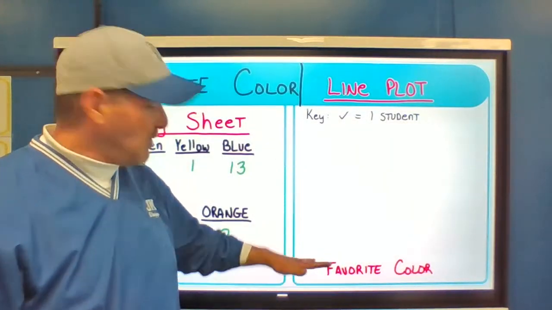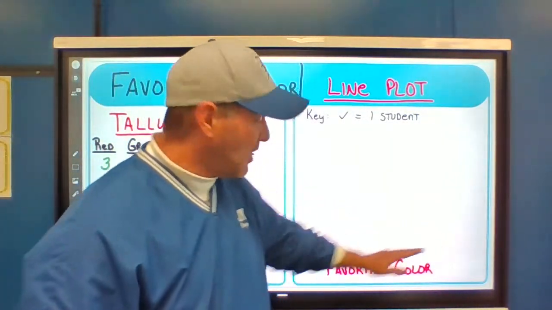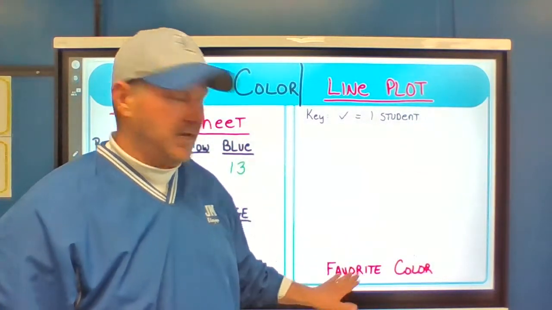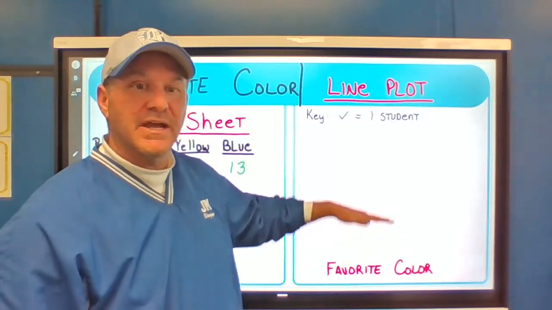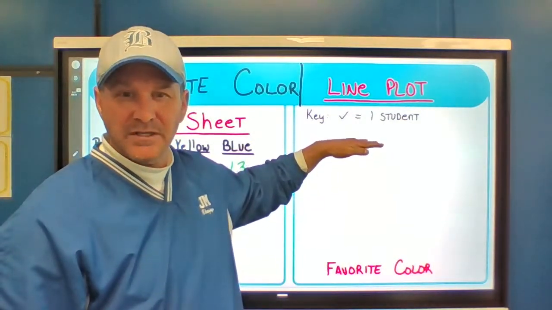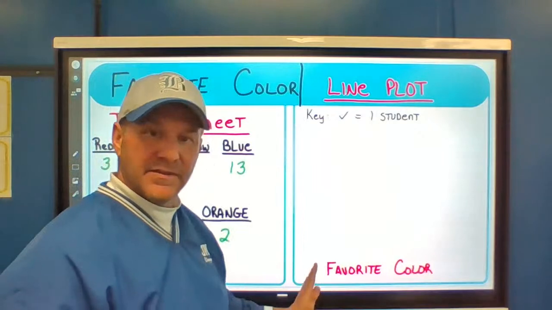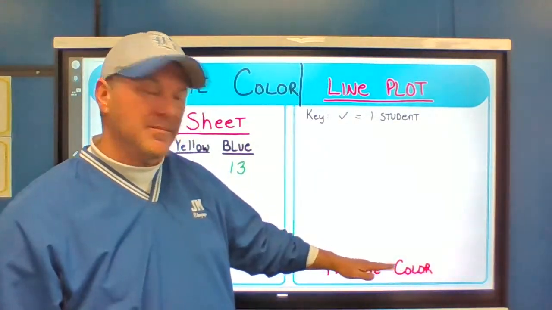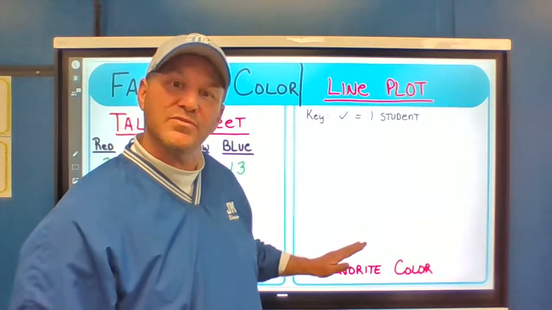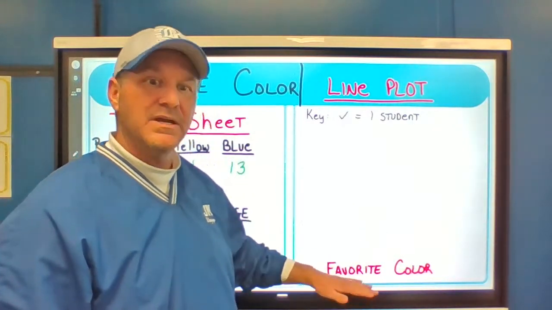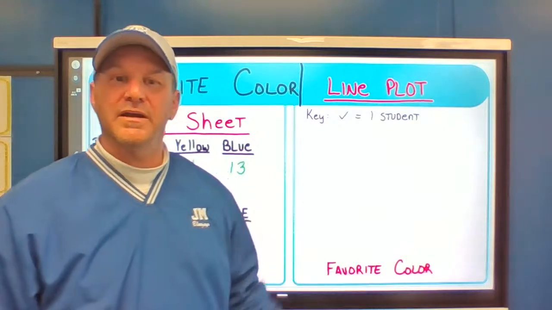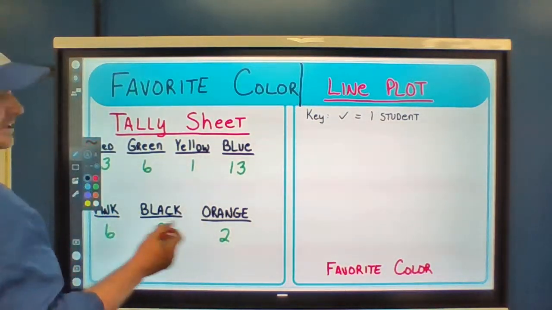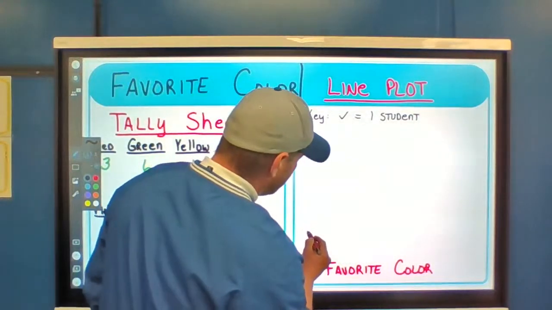I put mine at the bottom because when I do my line plot, you can tell what each category means based on my title. The title can go at the top if you wanted to, or you can even write it on the side. It doesn't matter as long as it's there. I like to keep it at the bottom because that's where my line plot's going to be, and that's where all the names of my colors are going to be. So as you're looking, you know that we're talking about colors. So my next step is to construct my line plot.